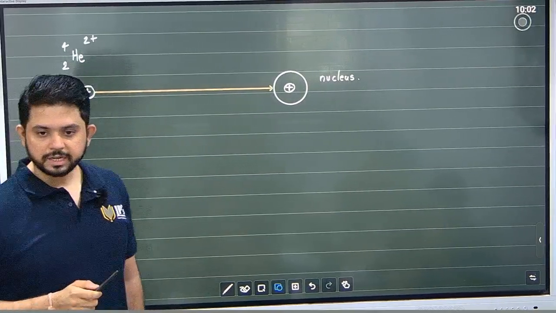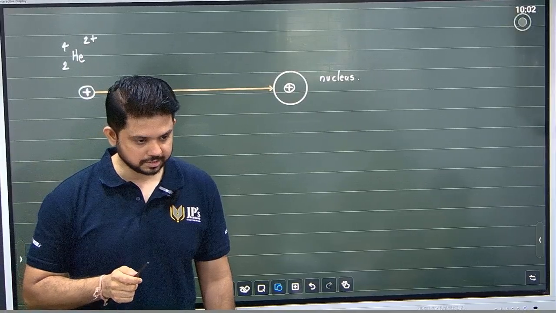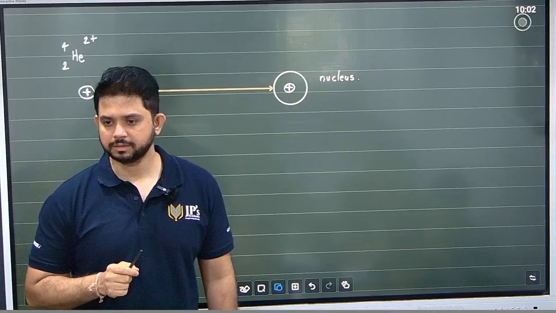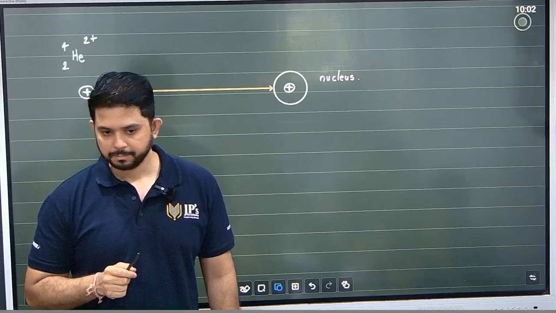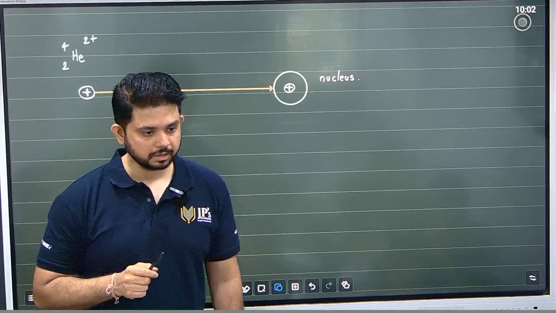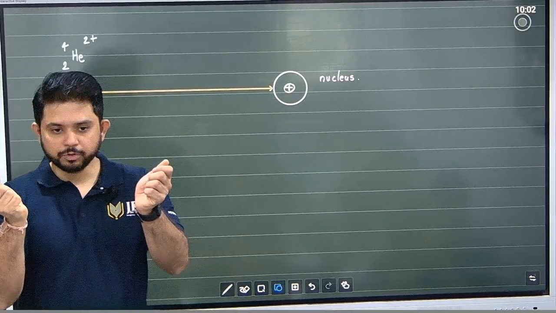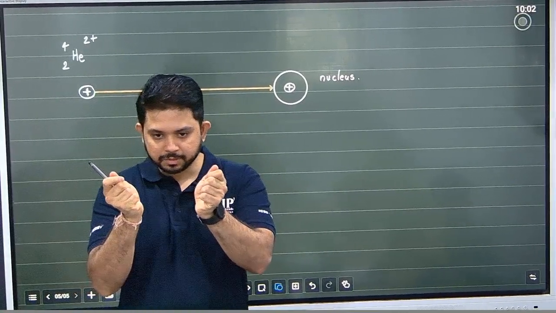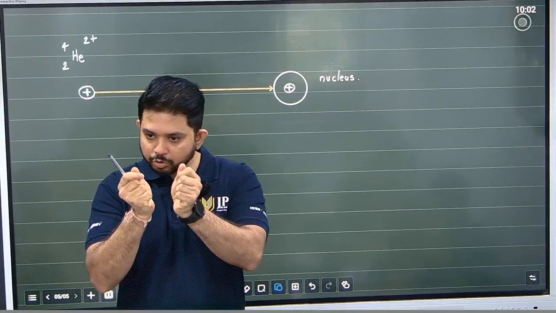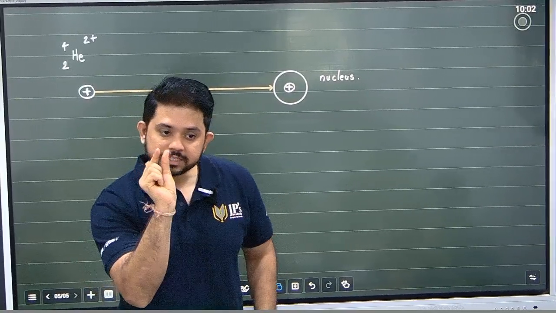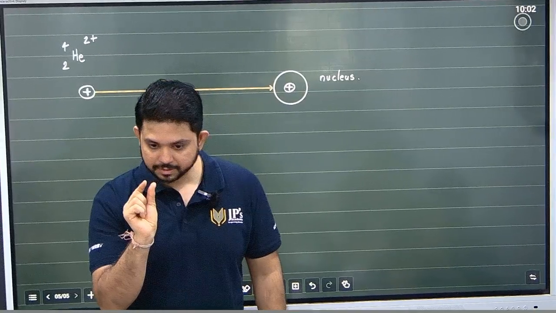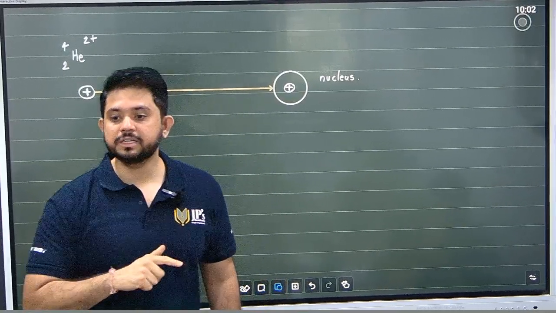Do you think it actually touched the nucleus? Why? Both are positive. So imagine I have two north poles of a magnet, can I really touch them? Do they really come close and touch each other? There's always a gap. That gap we call distance of closest approach.